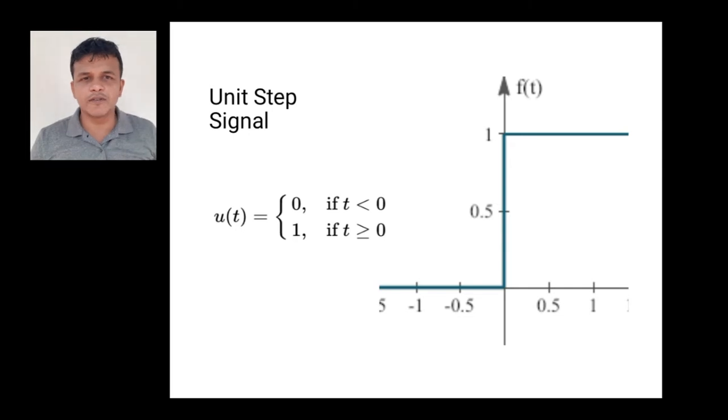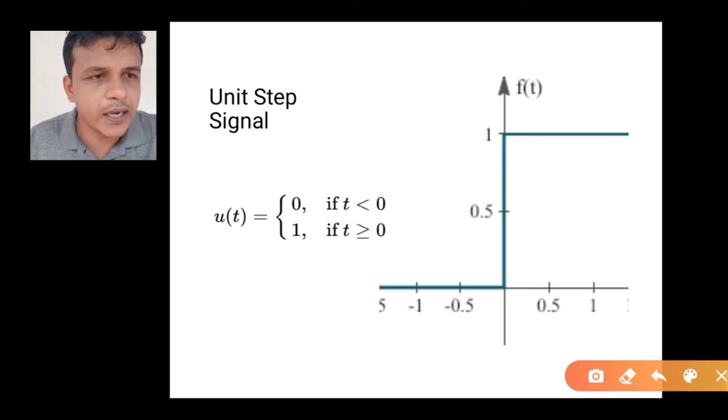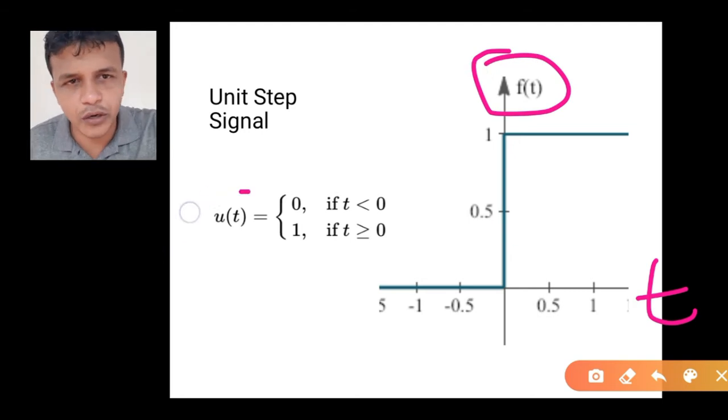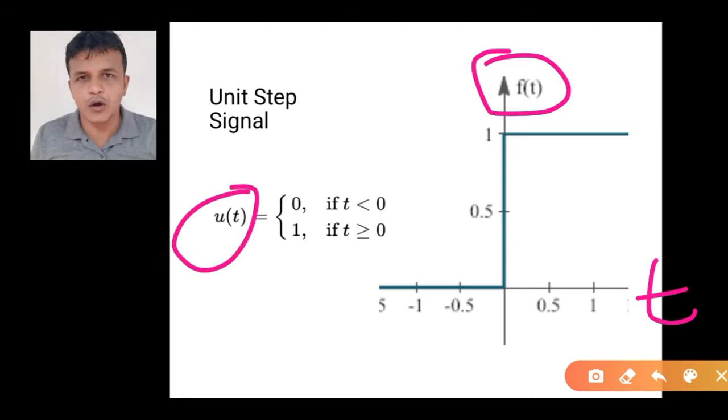Among these, the first and foremost signal is the unit step signal, which we know already. We are going to discuss continuous signals only. For a continuous signal, along the x-axis we have time t, and along the y-axis we have the amplitude, f of t or u of t for unit step signal, or y.